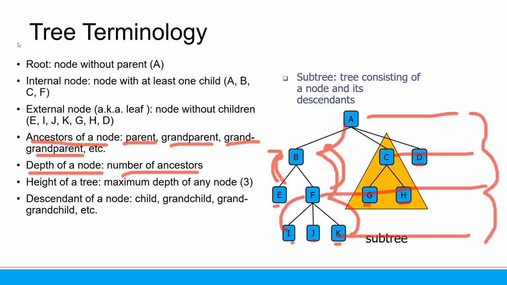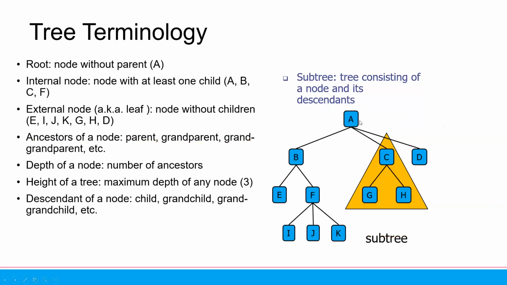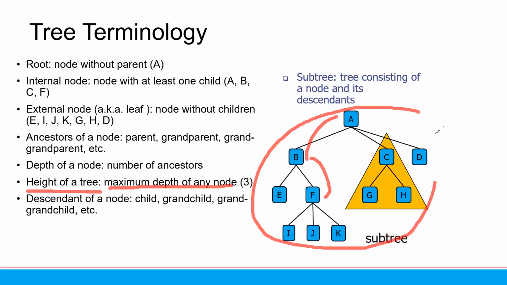Let's say if I want to know the depth from A to F, then the depth is 1, 2. The height of the tree is the maximum depth of any node. If I want to know the height of this tree, the maximum depth is 3.